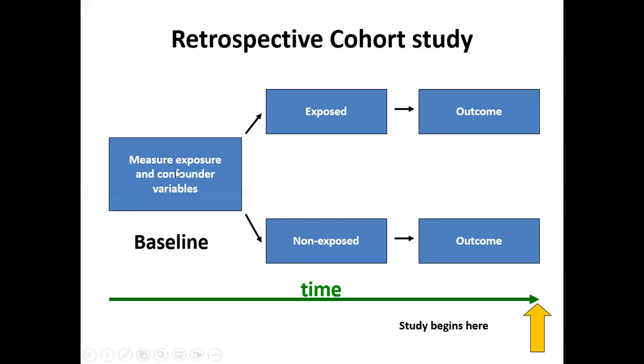So in our example, the retrospective cohort, you can be using, as said, the medical records and measure the exposure and confounder from the record, and your baseline will be 2015. Then categorize these records to exposed and non-exposed, and measure the outcome if disease present or absent.